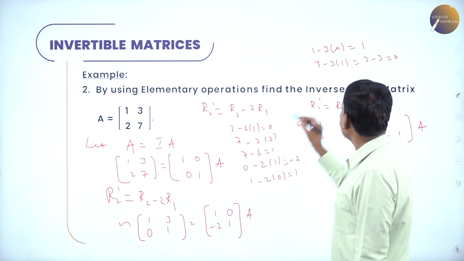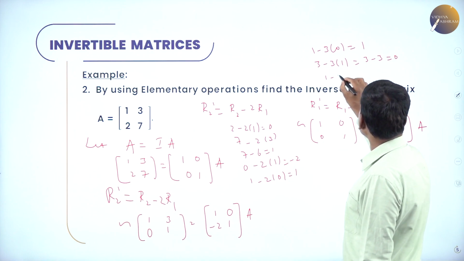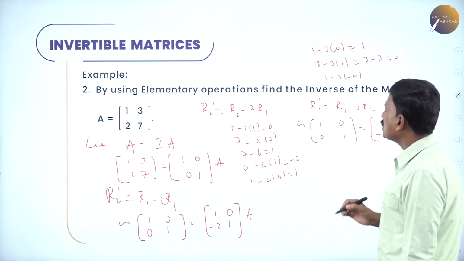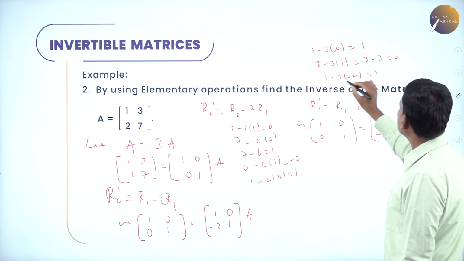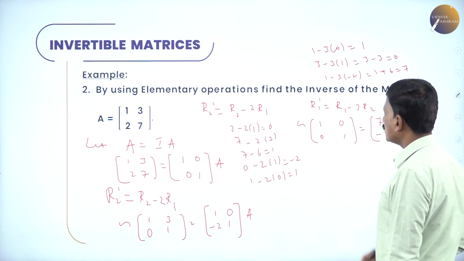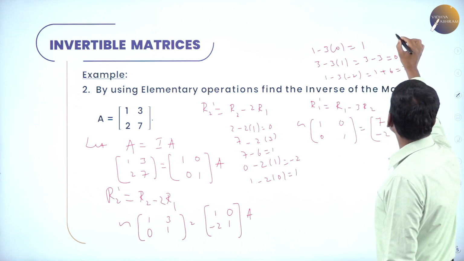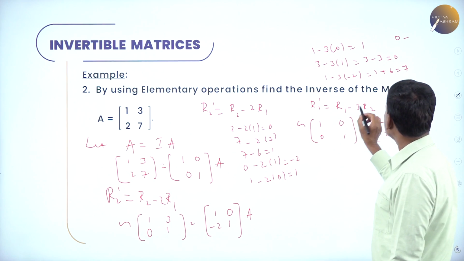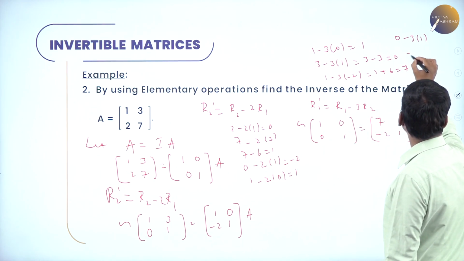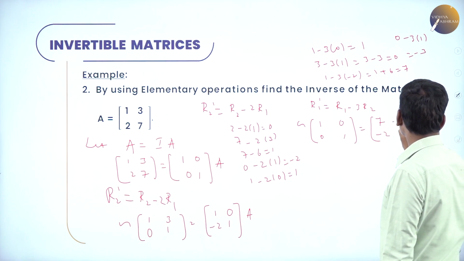Now here 1 minus 3 times minus 2, that is equal to 1, minus into minus plus, 3 times 2 is 6. This becomes 7. Next 0 minus 3 times R2. What is R2? It is 1. So that is equal to minus 3.